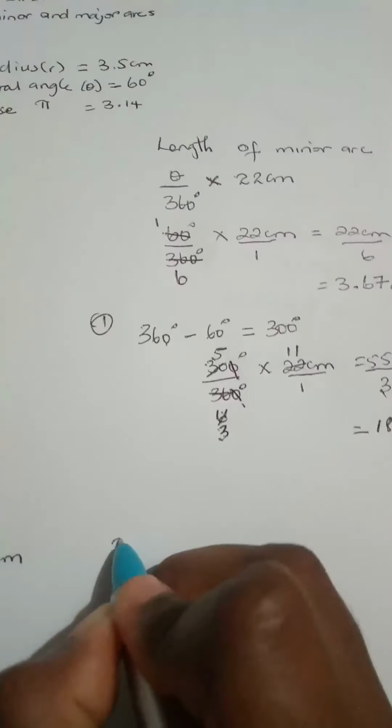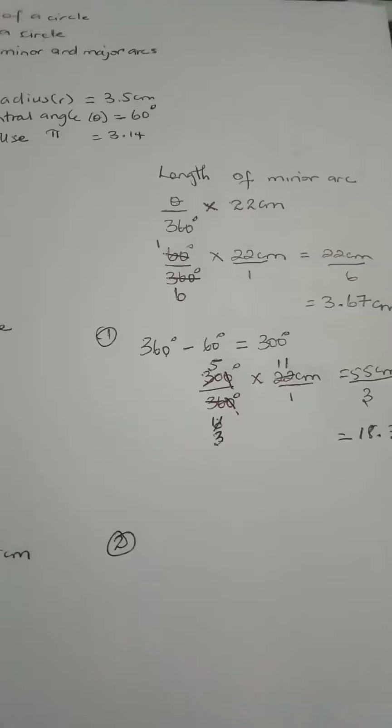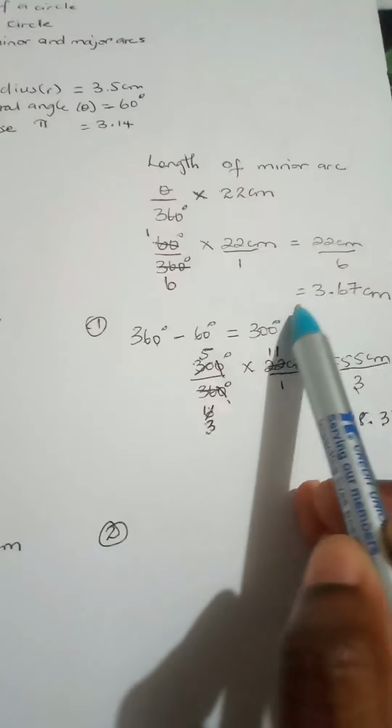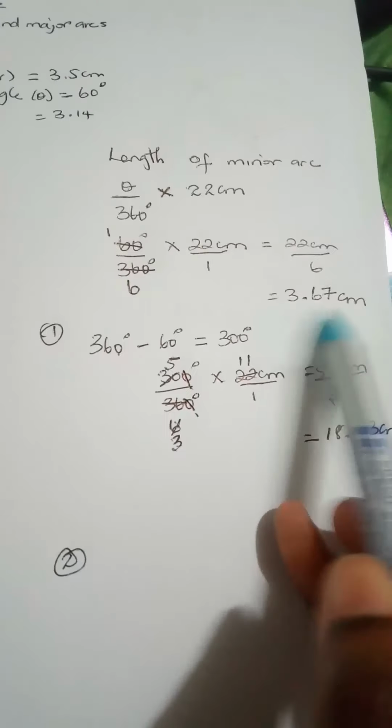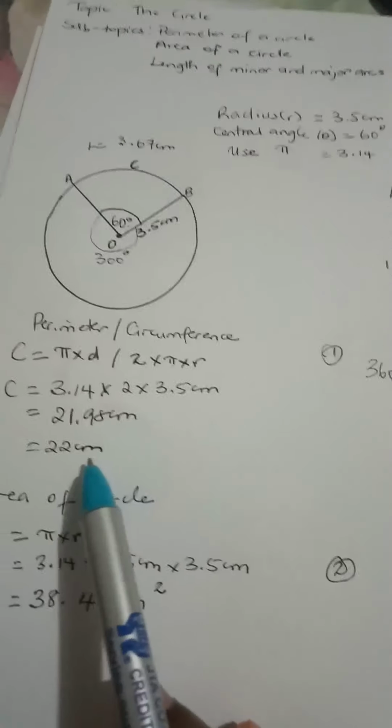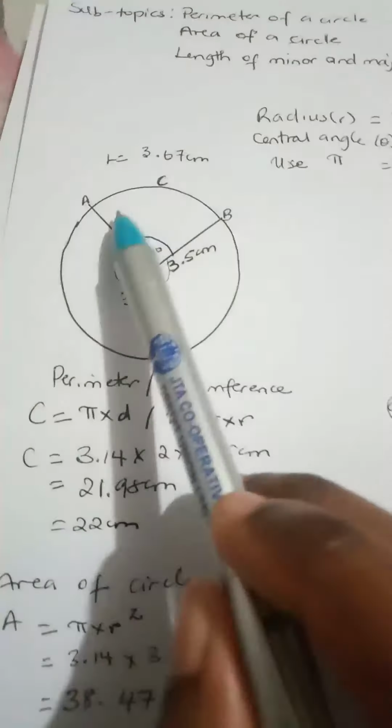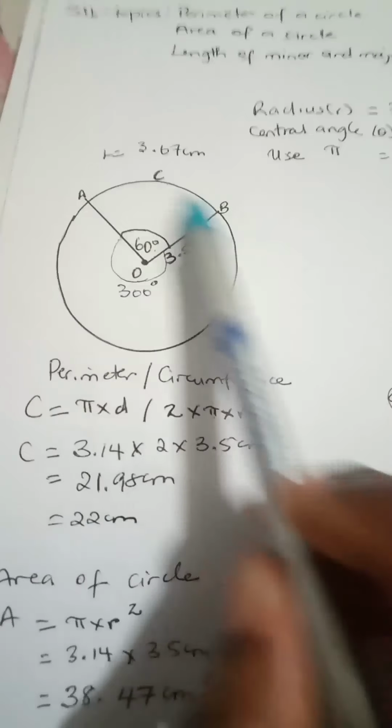So this is just one way we could have found it. The second way would be to subtract the length of the minor arc from the circumference itself. Remember that the minor arc is just a portion of the entire circumference.